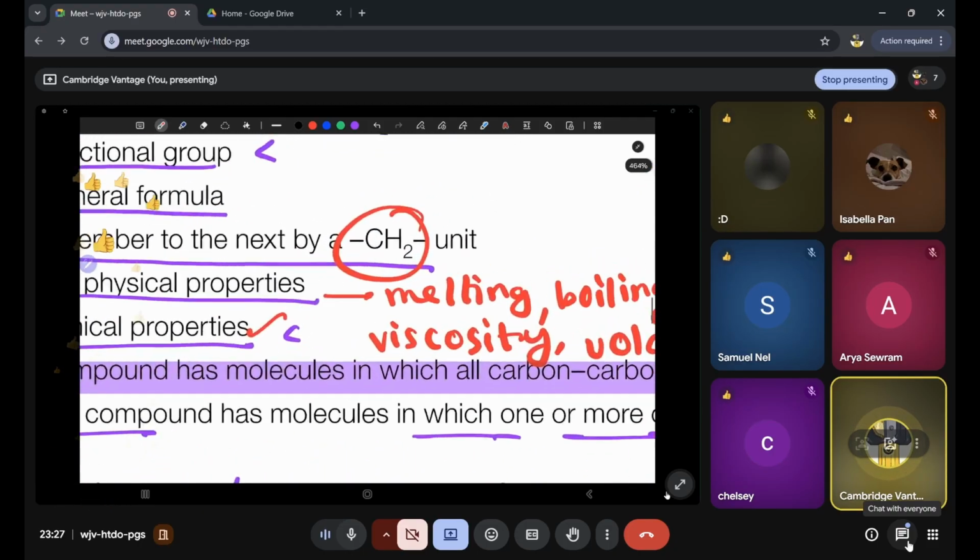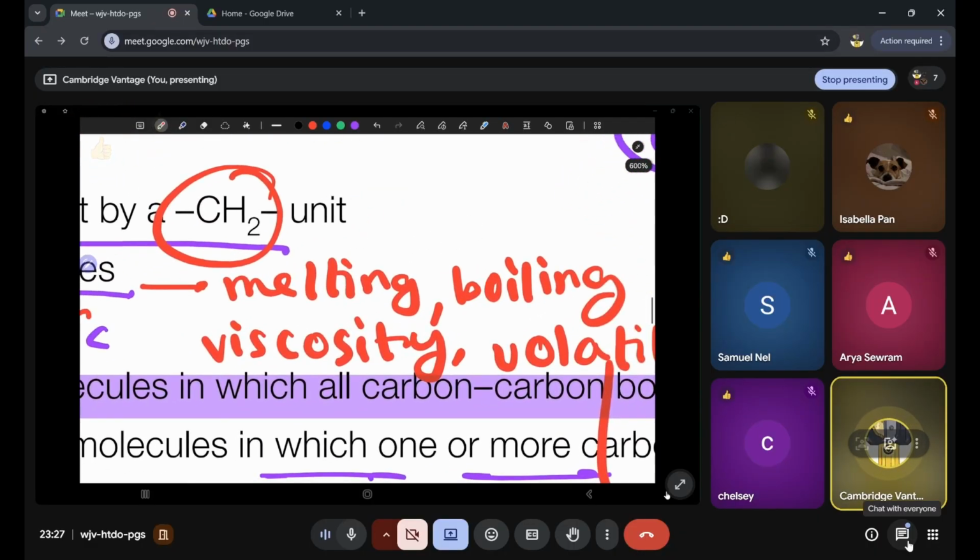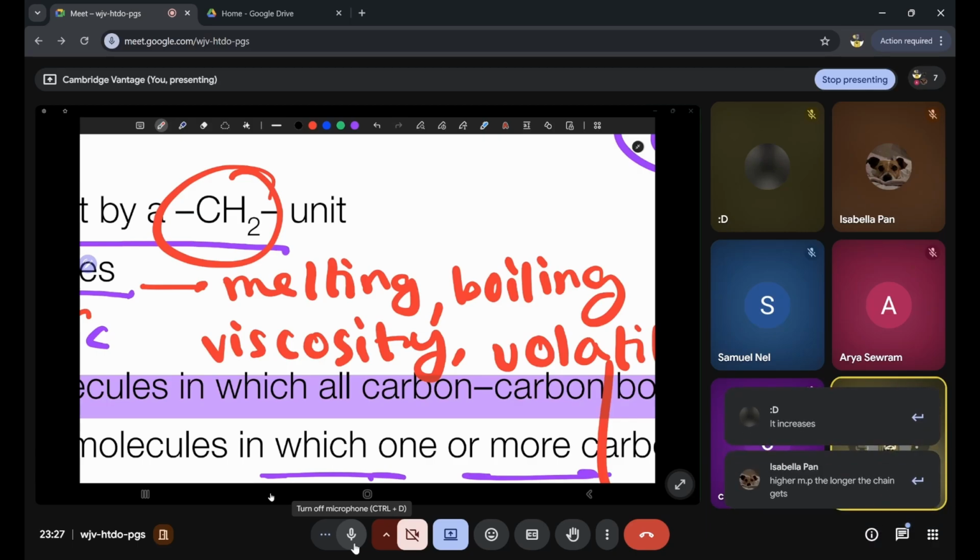But can anyone tell me what's the trend in melting point as we go down a homologous series, or as we increase the number of carbons in a homologous series? What happens to melting point? Yeah, it increases. But why does it increase?